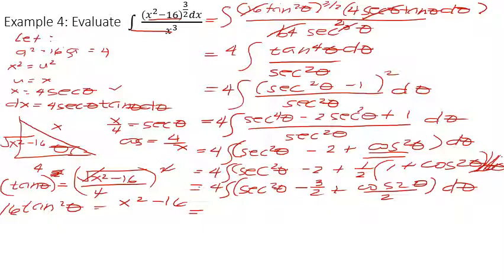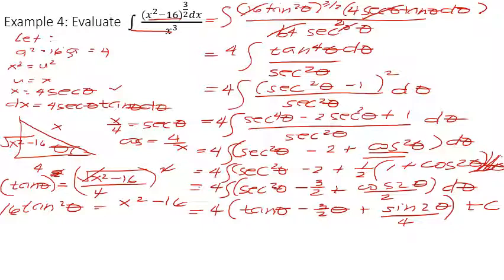So we will have 4 times secant squared, that's tangent theta, minus 3 halves theta, plus, this is cos 2 theta, that is equal to sine 2 theta all over 4, plus c.